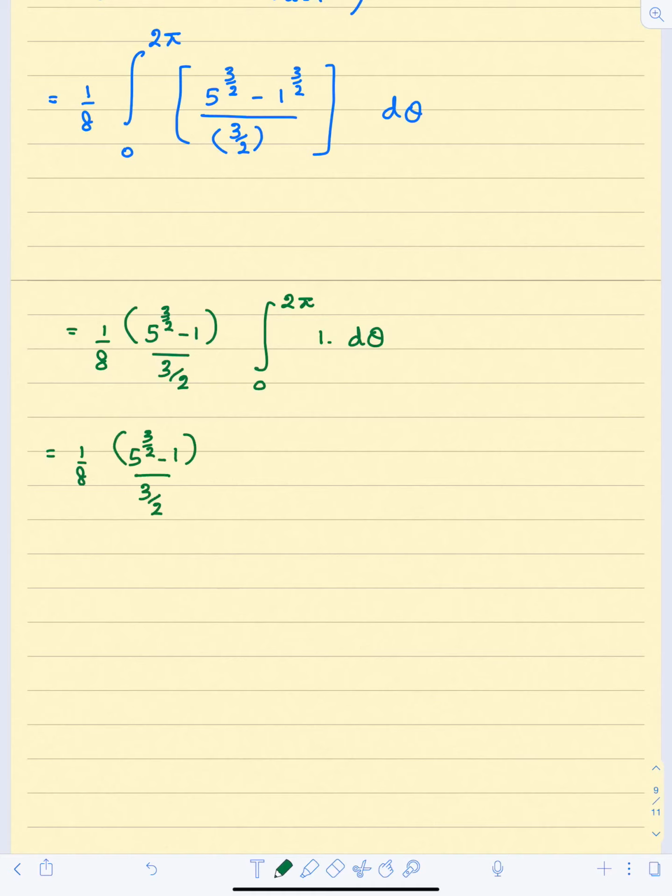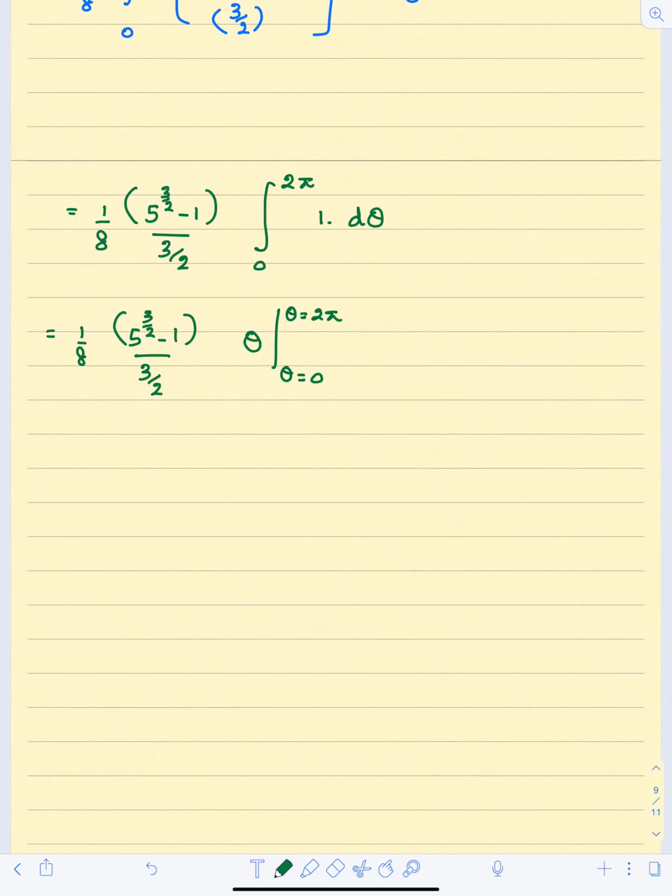If you integrate 1 with respect to theta, you will get theta. The lower limit is 0, the upper limit is 2 pi. Now if you apply this limit, you should get 1 over 8 times 5 to the power 3/2 minus 1, over 3 over 2, times 2 pi.